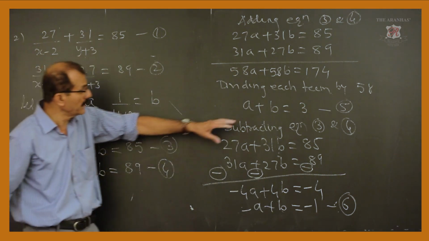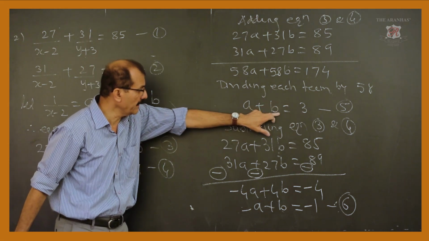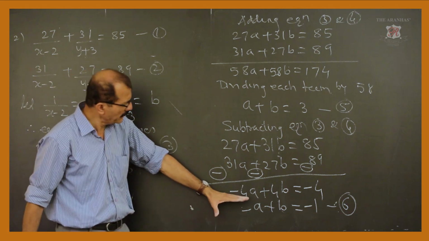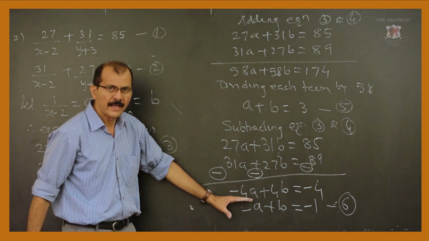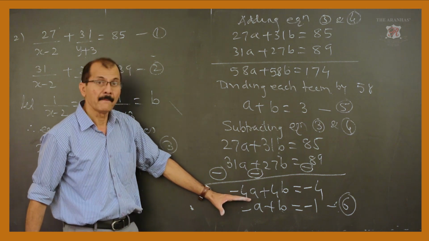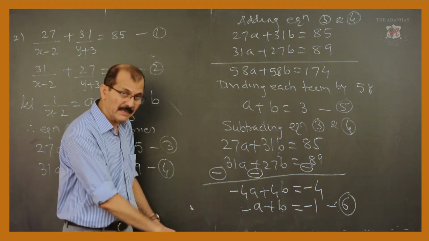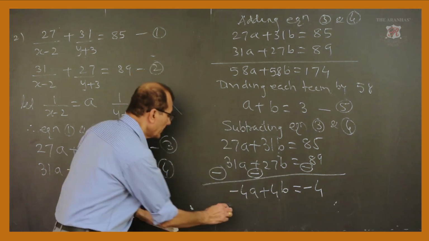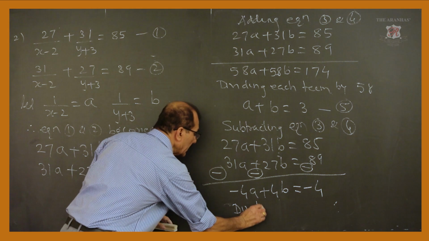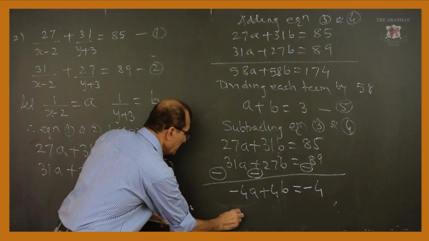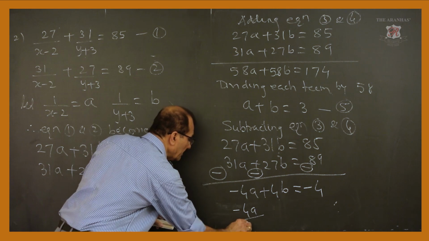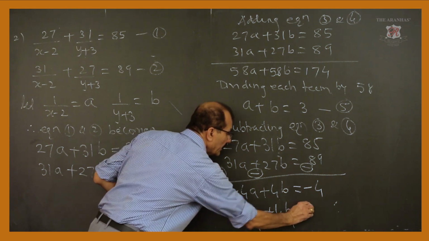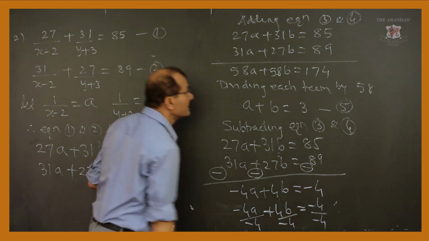Now, see how simple I got equation number 5 and equation number 6. Now, what I want to tell you is, instead of dividing this by 4, I would like to divide it by minus 4. So, if I divide by minus 4, see what I get. Dividing each term by minus 4, so minus 4a upon minus 4 plus 4b upon minus 4 minus 4 upon minus 4.